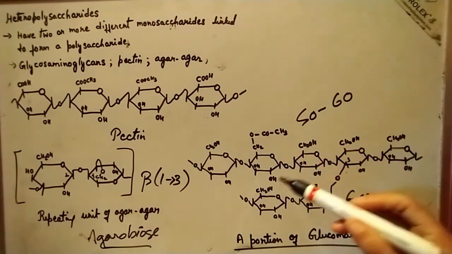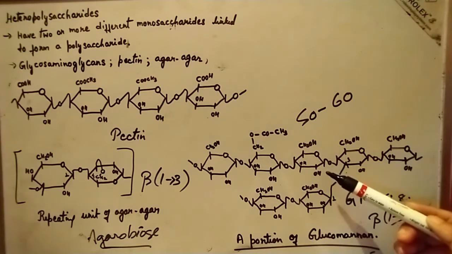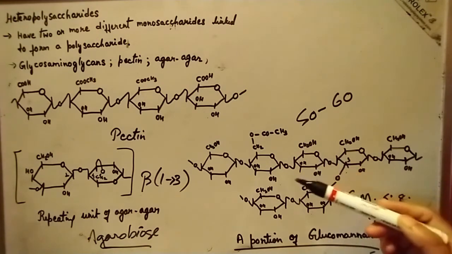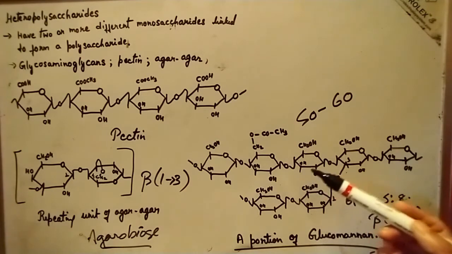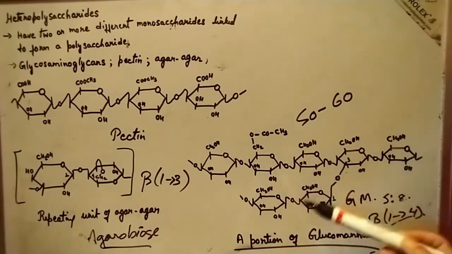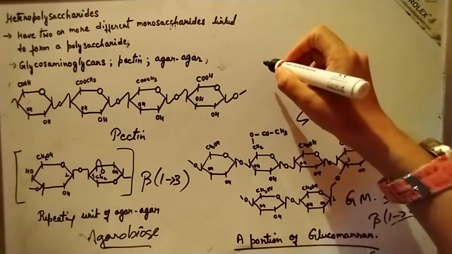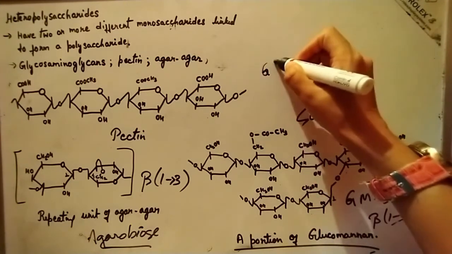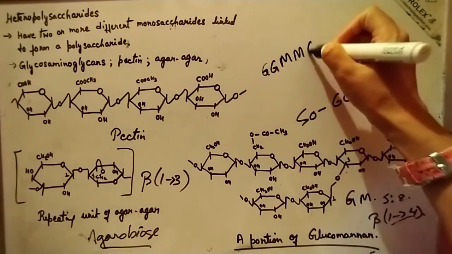And also the distribution of glucose and mannose units does not follow any definite pattern, and they may be present in blocks of glucose or mannose, or even alternate in some regions. However, the common pattern is usually glucose, glucose, mannose, mannose, glucose.